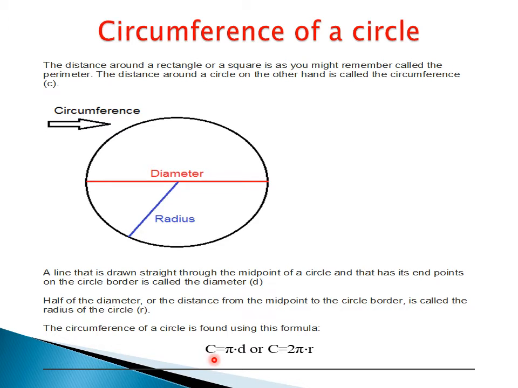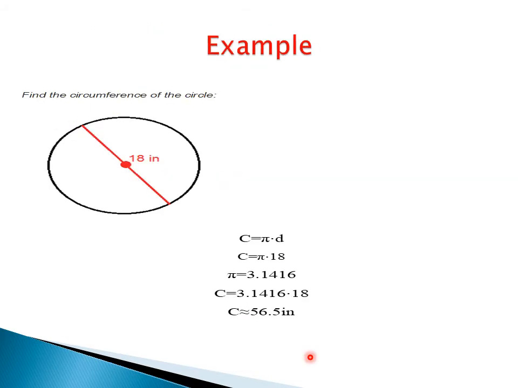Now the formula: C equal to pi into d. C is circumference, pi into d, or C equal to 2 pi into r. This is the formula to calculate circumference. Now for example, find the circumference of a circle where the diameter is given 18 inch.